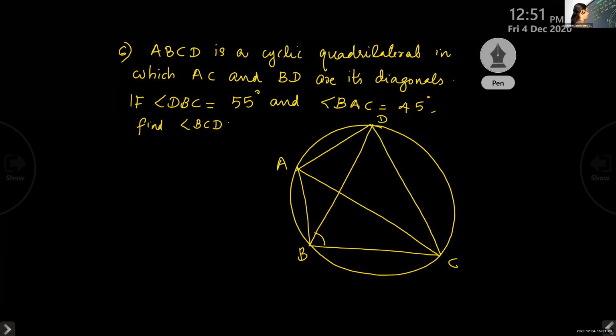See children, I marked the angle given. In the textbook, in the figure, it will not be given. You have to mark it accordingly.